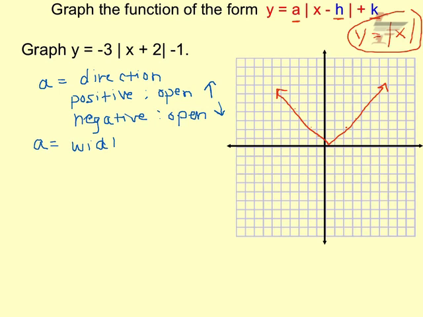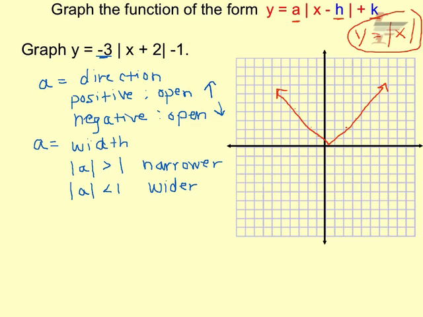As the absolute value of a gets bigger and bigger, so it really doesn't matter if it's negative or positive 3, as that gets larger and larger, your absolute value function gets narrower. So as the absolute value of a gets bigger than 1, it's going to get narrower. And as the absolute value of a becomes less than 1, your graph actually gets wider.